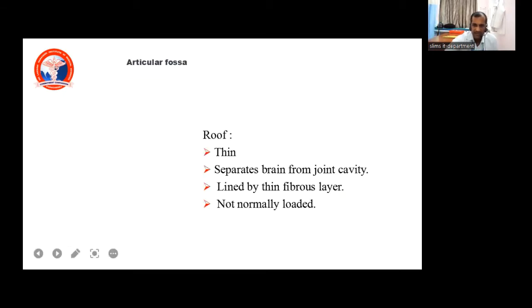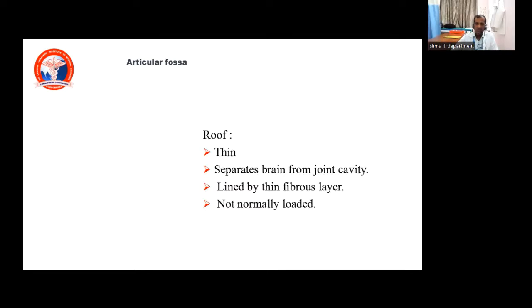Now, the next part is the articular fossa. The articular fossa roof is very thin. It is the bony structure that separates the joint cavity from the brain, and it is lined by a thin fibrous layer. This is the anatomy of the articular fossa.